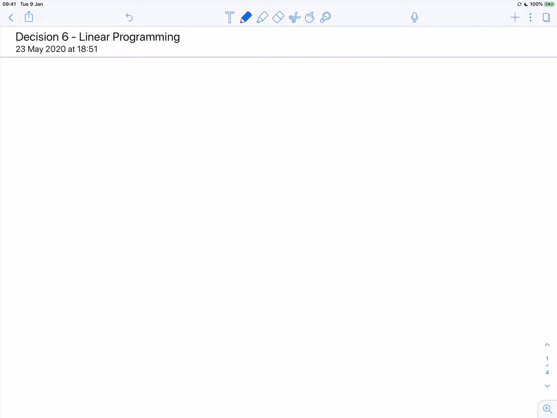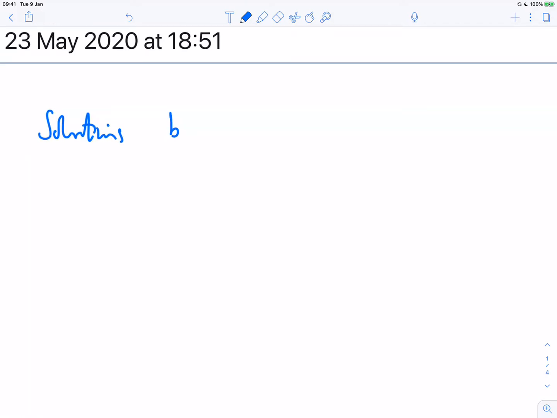So, what is linear programming? Linear programming is essentially finding solutions by considering a feasibility region.